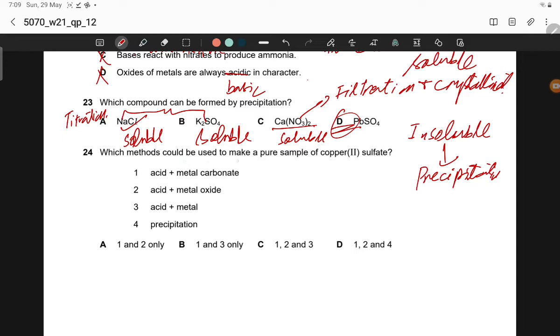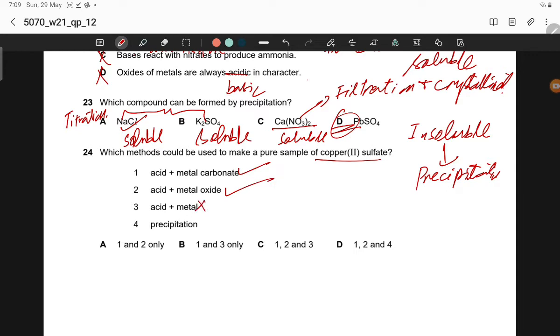Which methods could be used to make a pure sample of copper 2 sulfate? Acid plus metal carbonate. This can be acid plus metal oxide. Yes.